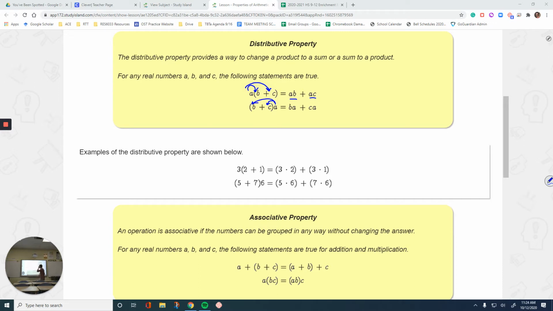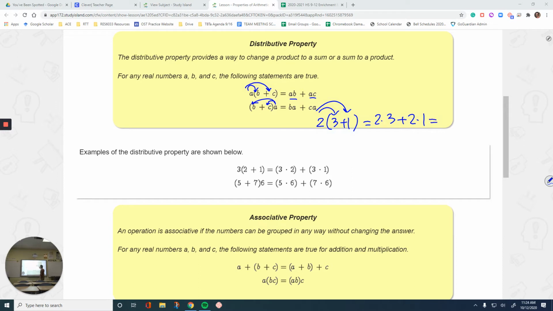So let's just use numbers. Let's say 2 times (3 plus 1). This is the same as 2 times 3 plus 2 times 1. If you see this, that is called distributive property. If instead of numbers you have letters, it's still distributive property.